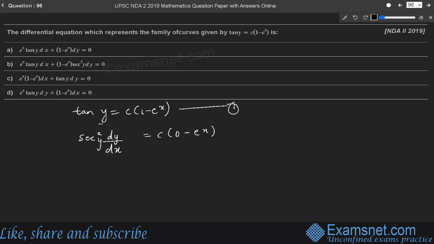Here there will be y also because it is tan y. So we can say that sec square y dy is equal to minus c into e to the power x dx. From equation number 1, we know that c is equal to tan y upon 1 minus e to the power x.